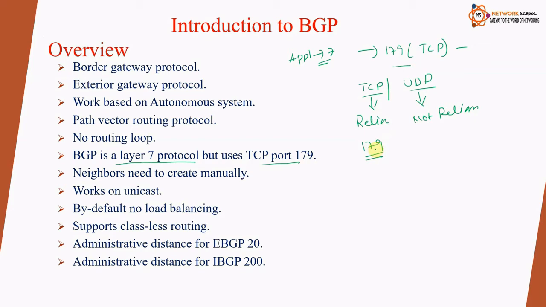In IGP we have the protocol RIP, which is using the UDP port. Since it is using the UDP port, RIP is not reliable, but BGP is reliable.